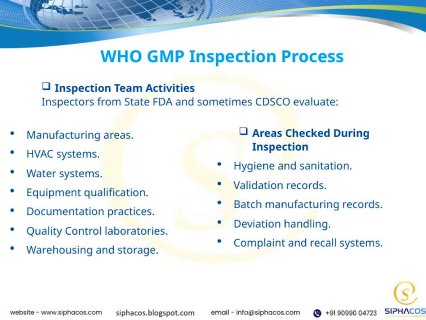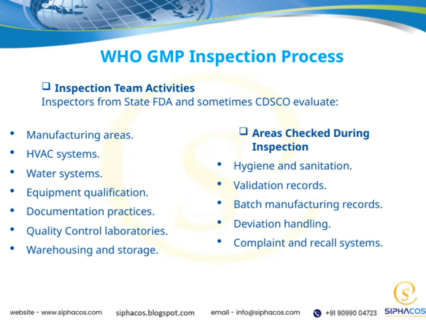The manufacturing areas themselves are inspected to ensure cleanliness and compliance, along with HVAC systems to maintain proper environmental controls. Water systems are checked to ensure water quality meets standards, and equipment qualification documents verify that machinery is suitable for its intended use. Documentation practices are scrutinized to confirm traceability and accuracy, especially within the quality control laboratories.